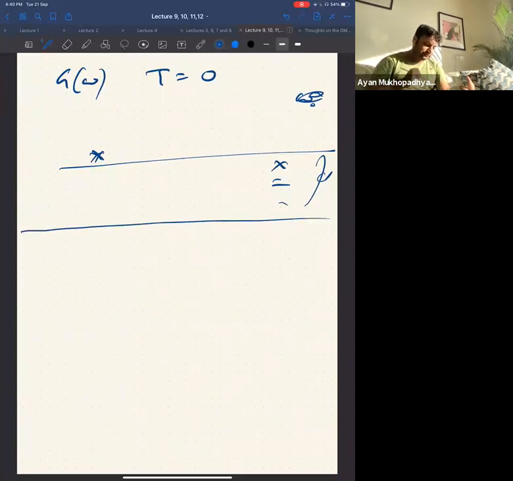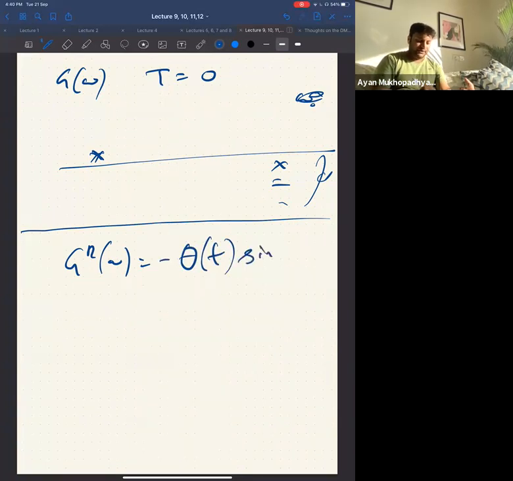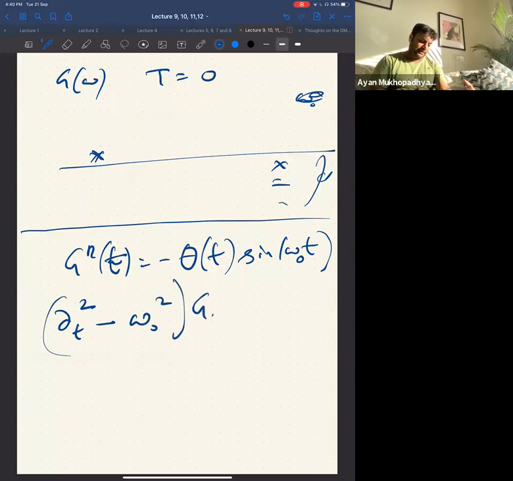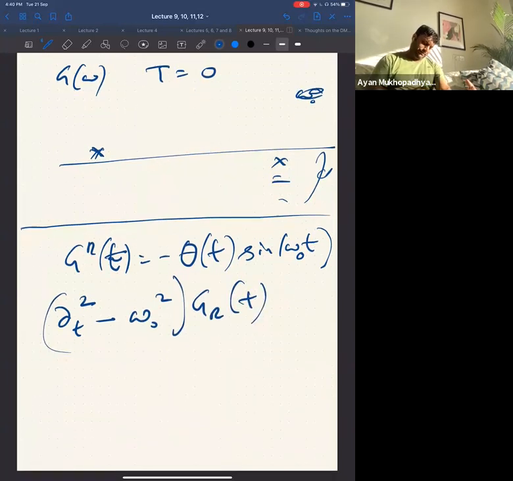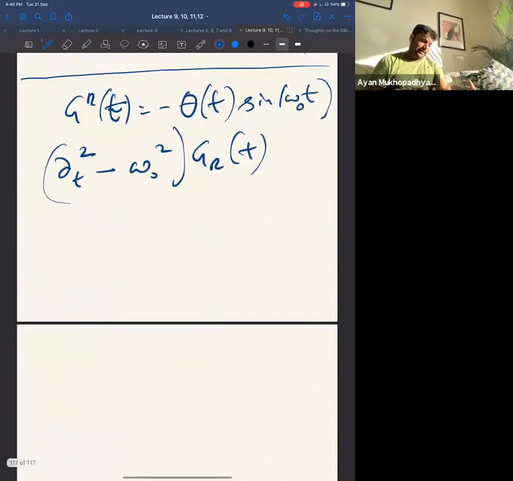So G_R(omega) explicitly is equal to theta(t) times sine omega naught t, right? G_R(t). And if I look into what is del t squared minus omega naught squared of G_R(t), what should I get? This is a thing that we were doing last time.